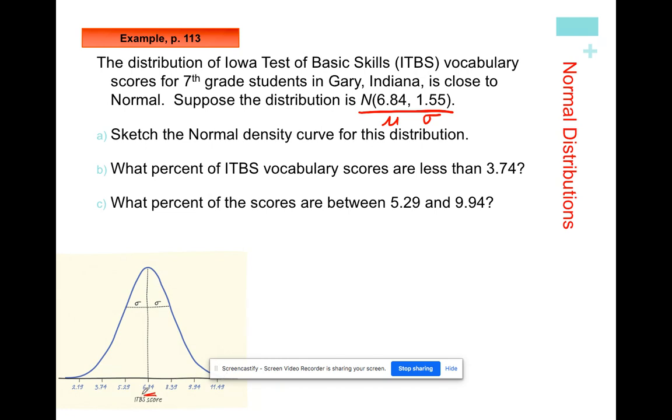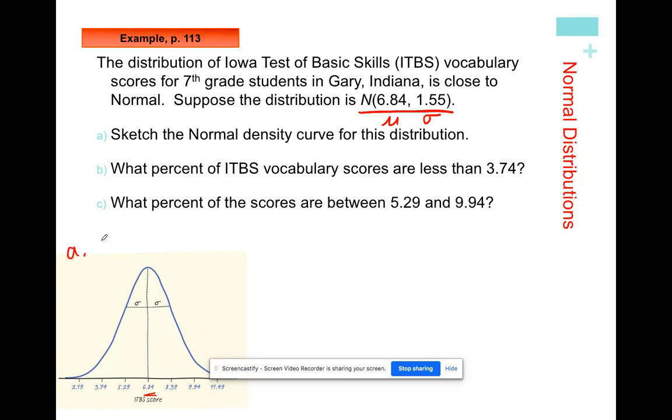So 6.84 plus 1.55 takes us to 8.39. Add another 1.55 and a third 1.55. And then going the other way, if we take 6.84 and subtract 1.55, that takes us to 5.29, subtract again, and then a third time. So that would take care of part A.